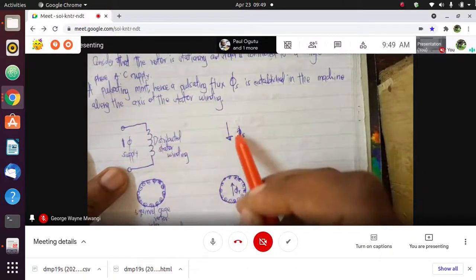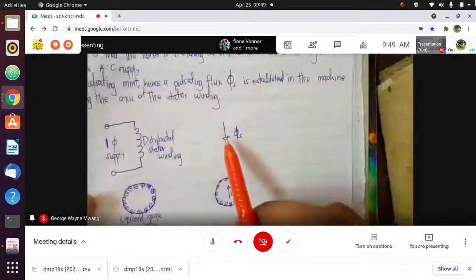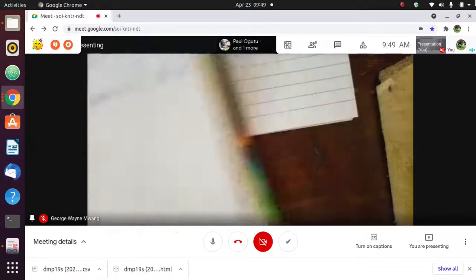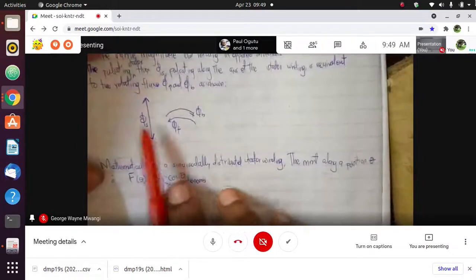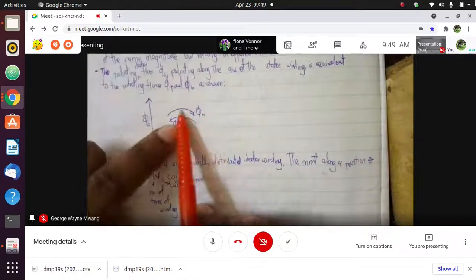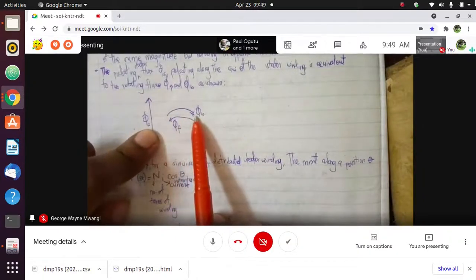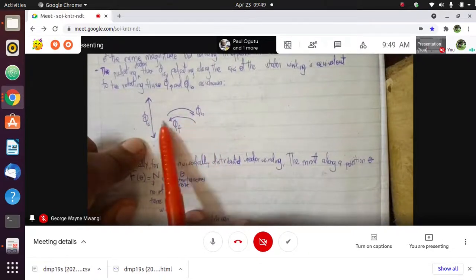Now this pulsating flux, we saw last time, can be resolved as two rotating fields, rotating at the same speed but in opposite directions. One will be rotating in the forward and the other in the backward direction.